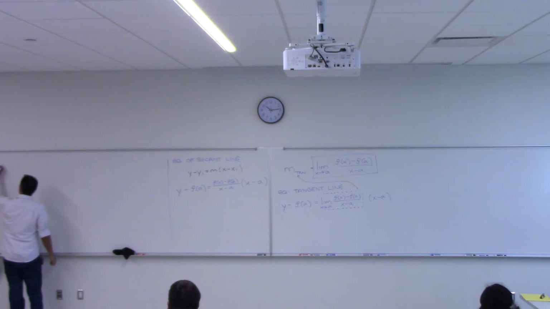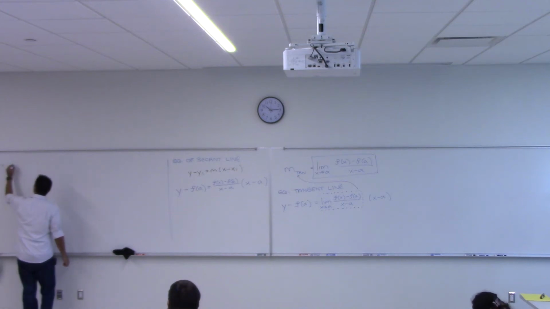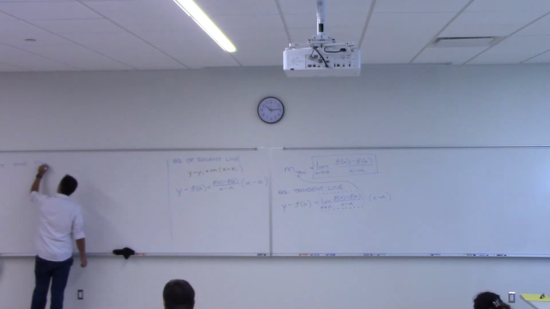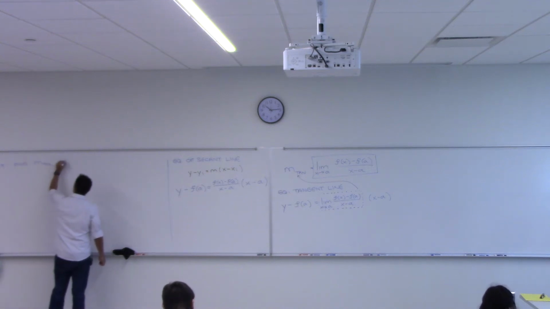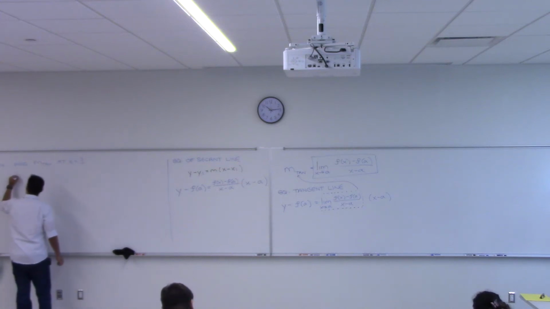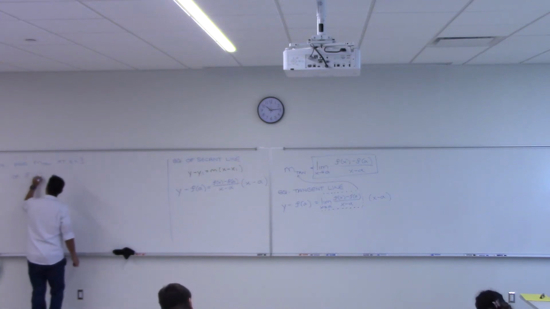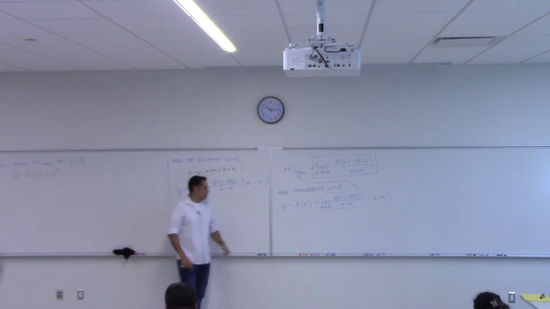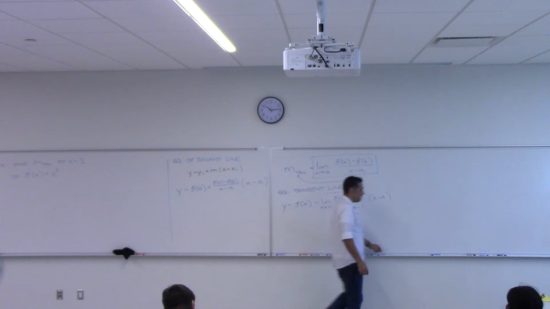So example. I'd like for us to find the slope of the tangent line at x equals 3 of the function f of x equals x squared. Good old parabola. Our classic x squared parabola, right?